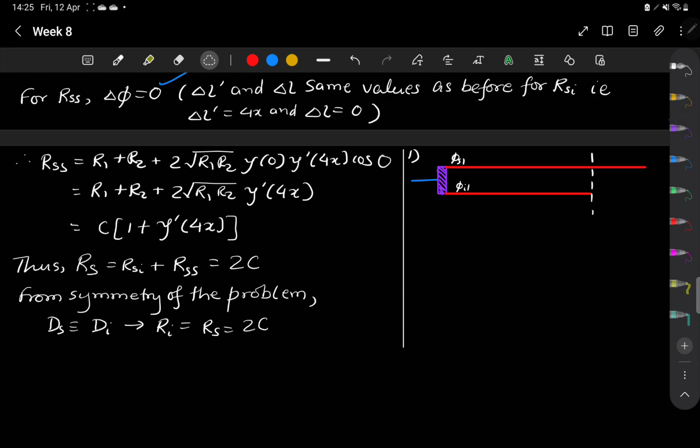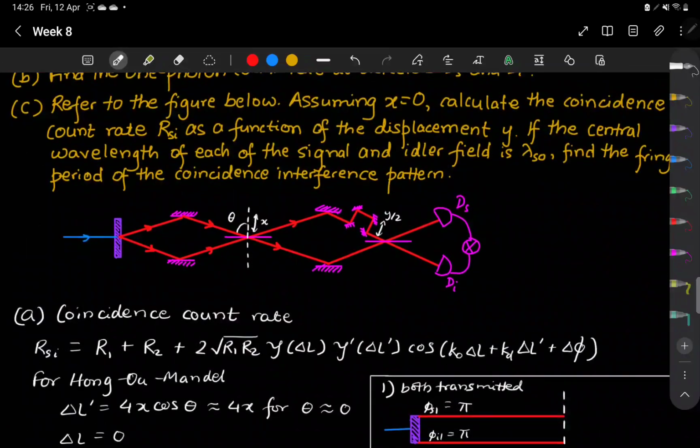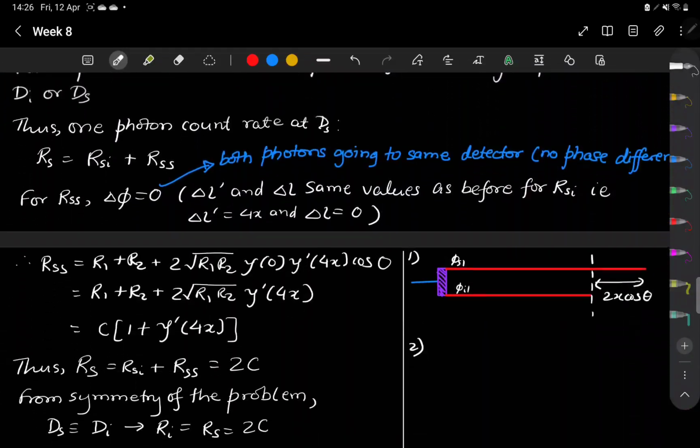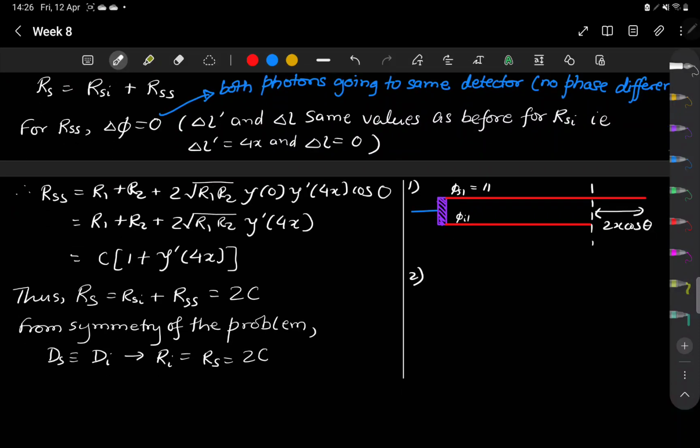This will change, and this change will be of a distance 2x cos theta. And again the phases: reflection at a mirror plus beam splitter, and for this one only the mirror.